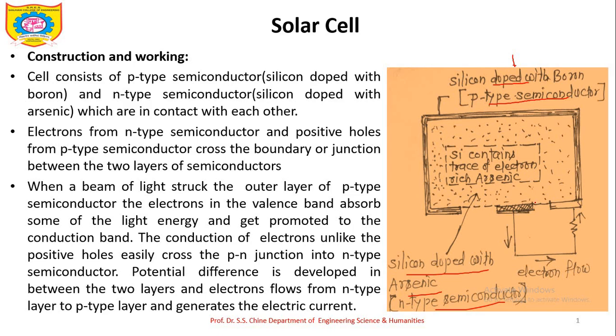A potential difference is developed between these two layers and electrons flow from the N type layer to the P type layer, which generates the electric current. Here you can see the P type semiconductor and the N type semiconductor, with a flow of holes and a flow of electrons. Electrons flow towards the P type conductor, a potential difference is developed, and thus electric current is generated, and this effect is known as the photovoltaic effect.